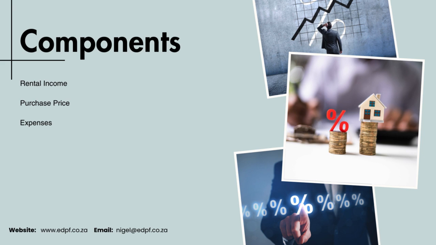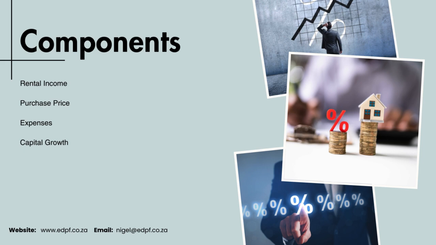Then expenses. This includes property management fees, maintenance costs, and local rates and taxes and other municipal charges. Then finally, capital growth, the increase in the property's value over time, although this isn't directly factored into the cigarette box calculation.